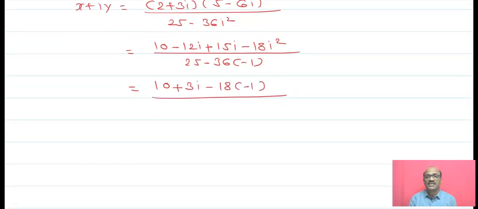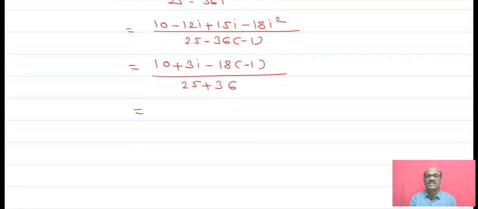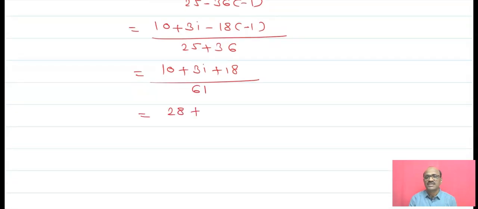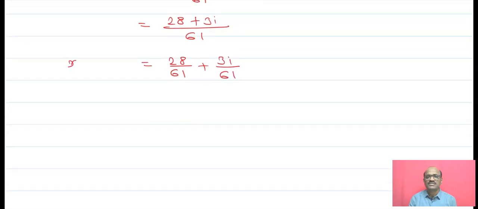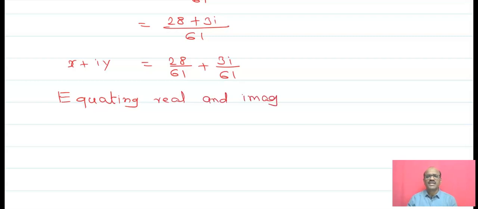That is 10 plus 3i minus 18 into minus 1, over 25 plus 36, that is 61. So 28 plus 3i upon 61, and that's why you will get 28 upon 61 plus 3i upon 61. So x plus iy is equal to 28 upon 61 plus 3i upon 61. Now equating the real and imaginary parts.